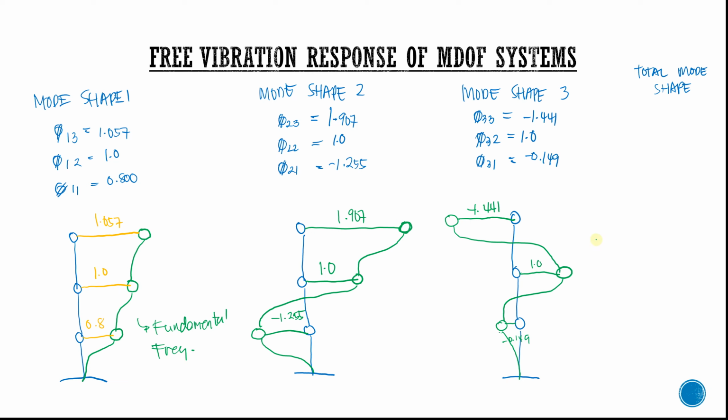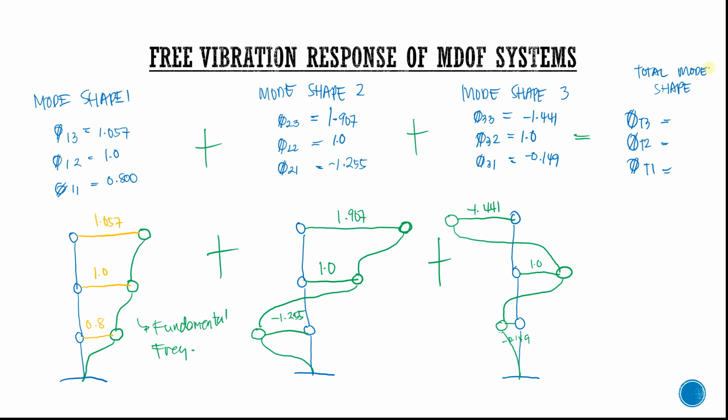Now, let's get our total mode shape. The total mode shape is just the average of these three. So you just add the values there, and then we'll be able to get our total mode shape. So we will have the total mode shape for the third floor, for the second floor, and for the first floor.